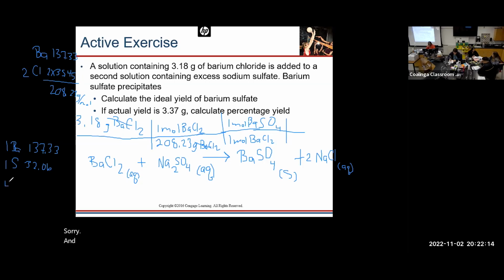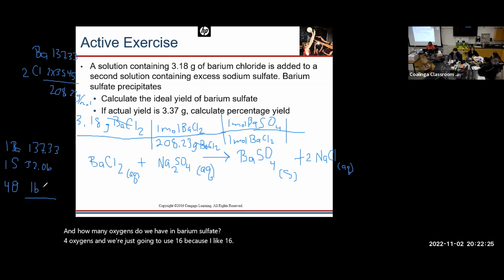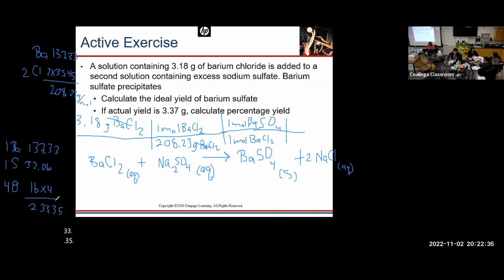And how many oxygens do we have in barium sulfate? 4 oxygens, and we're just going to use 16 because I like 16. That gives 233.35 grams per mole of barium sulfate. Now we want to get to grams, so we put the grams on top.